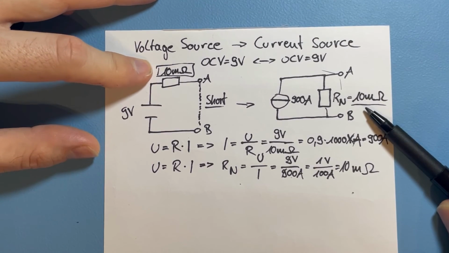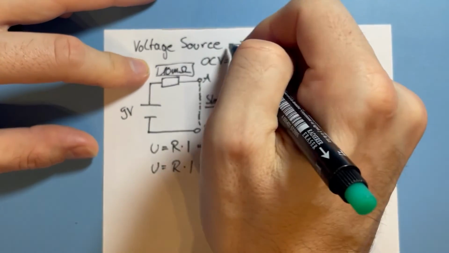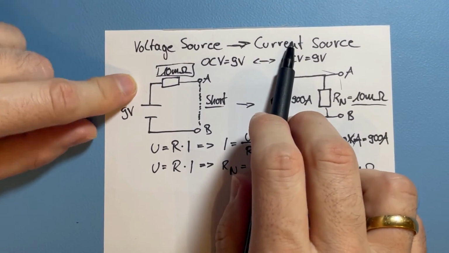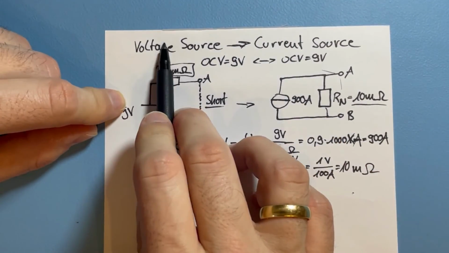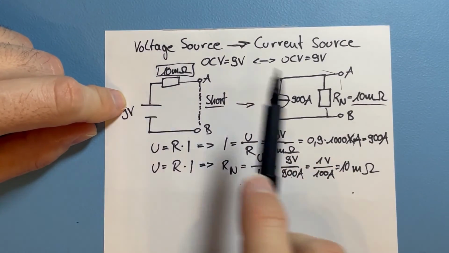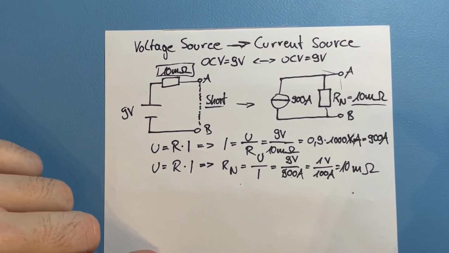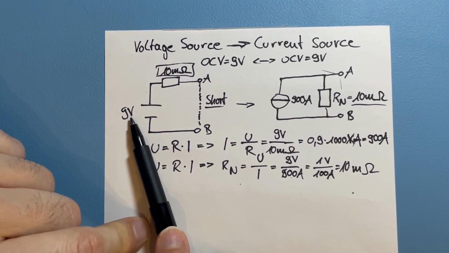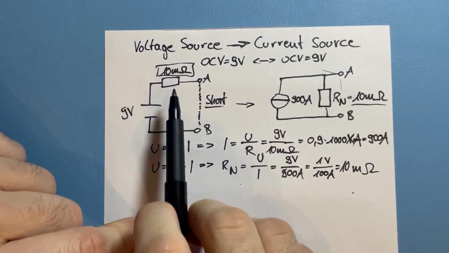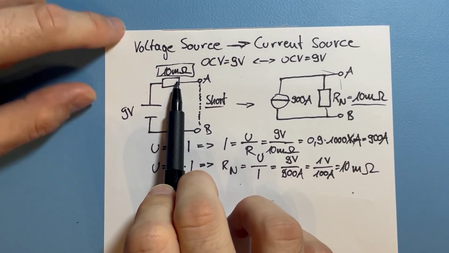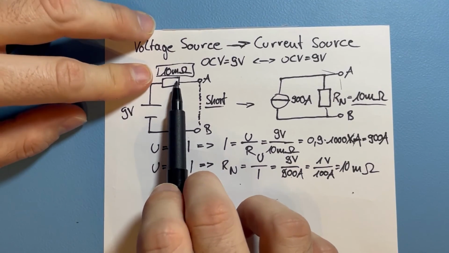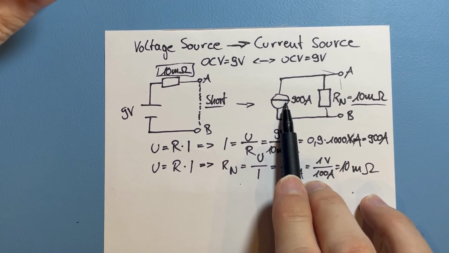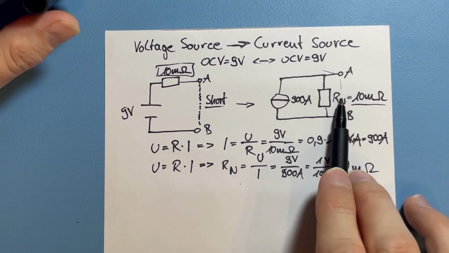And I will come back to that when we do the other direction, because here we have done voltage source to current source, and when I convert the current source to the voltage source, we will see that again. Okay, so we have done it. The 9 volt voltage source with a 10 milliohm resistor is converted to a 900 ampere current source with a 10 milliohm resistor.